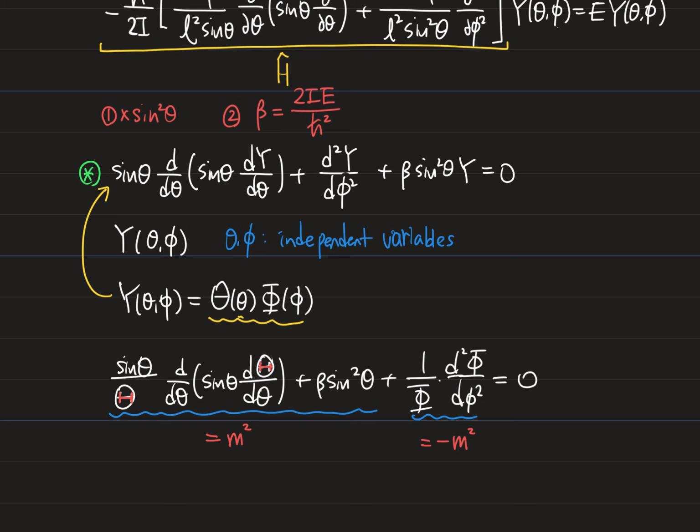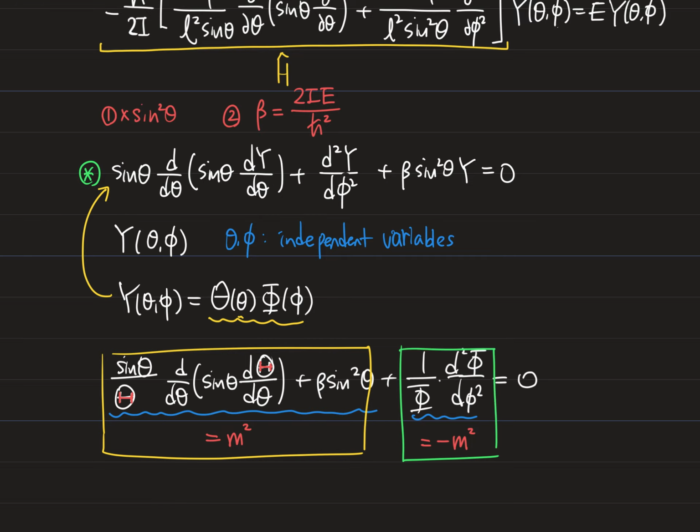So by applying the separation of variable technique, we decompose the one complex differential equation into two independent differential equations, right? So the first one is this one, yellow box, and the second one is the green box.